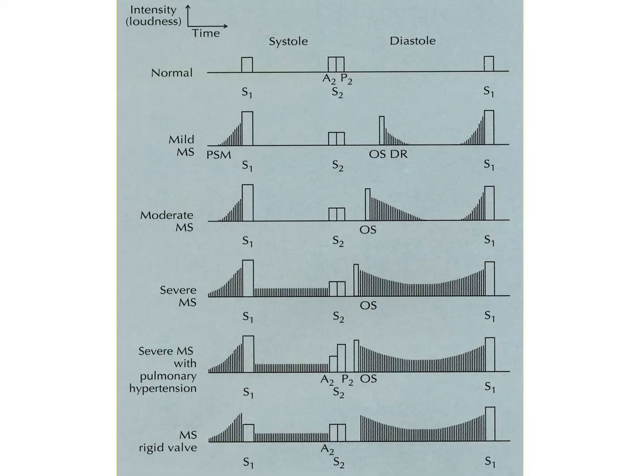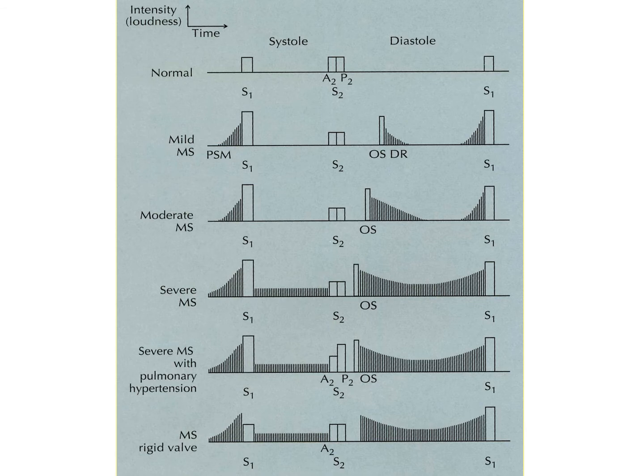This diagram shows the auscultatory findings in different grades of mitral stenosis. In mild mitral stenosis, the murmur is short and the time interval between second heart sound and opening snap is big. In moderate mitral stenosis, the murmur gets lengthier and the opening snap becomes closer to the second heart sound.